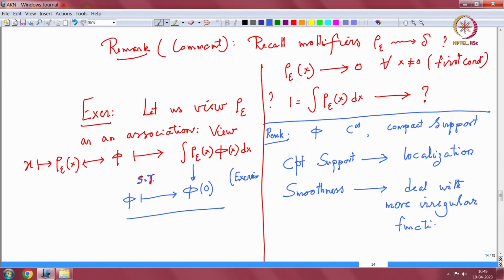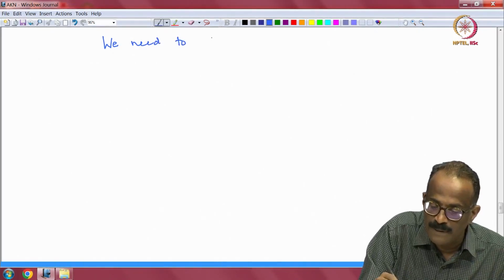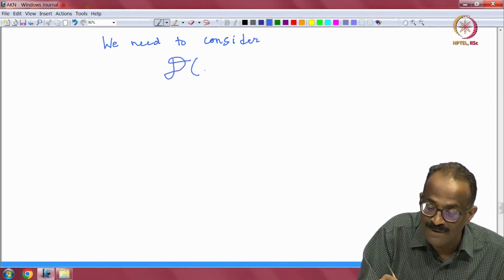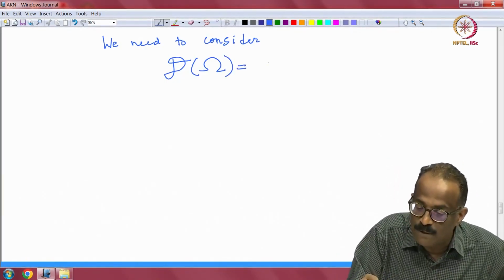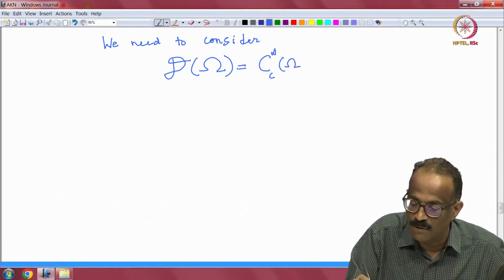Okay. So, these are the two important properties you need to have in your association, and that was enough to recover your function. So, this automatically forced us to consider the space which we have introduced, basically this is C_c infinity of omega, D of omega.